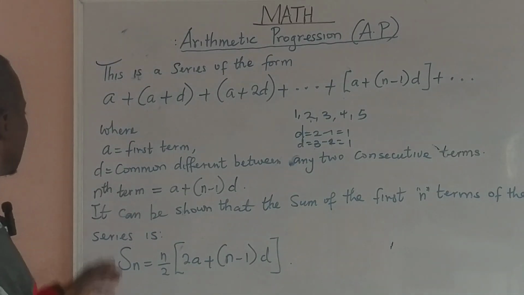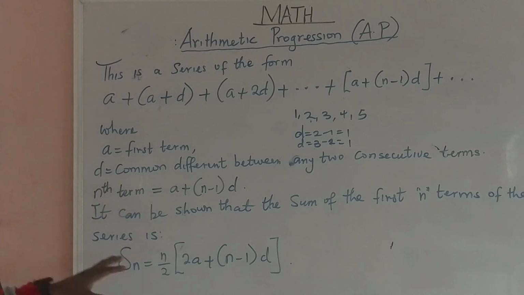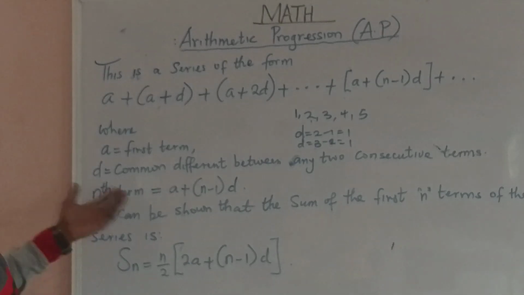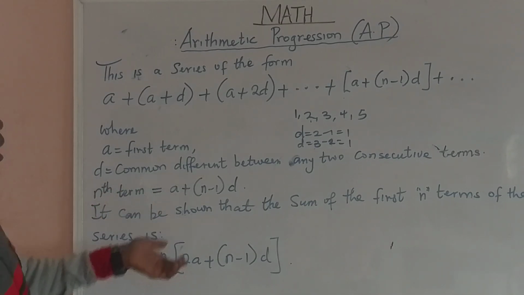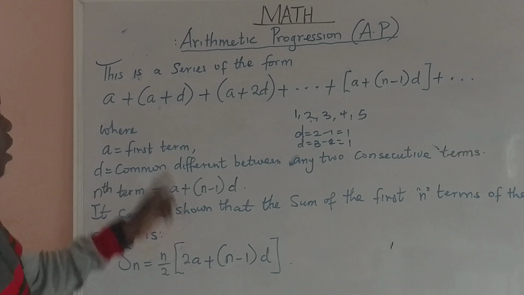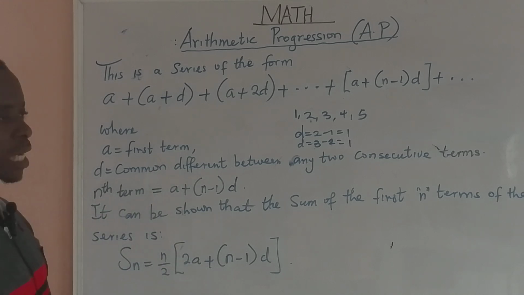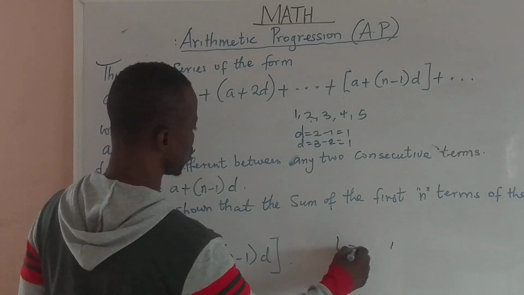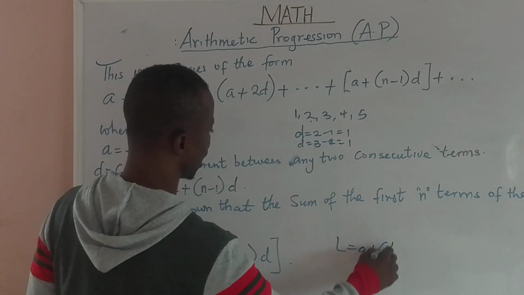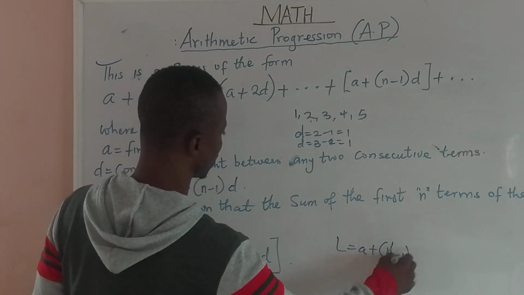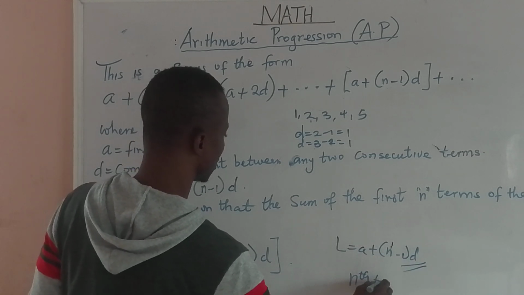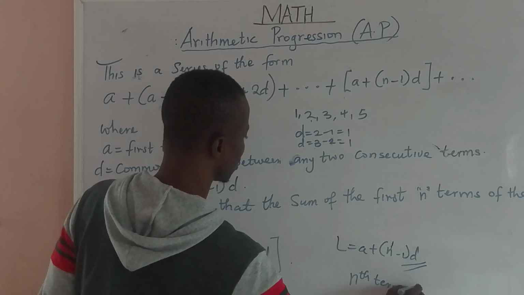And then the n-th term, which is the last of the series given to us. We can say the n-th term equals A plus open bracket n minus 1, close the bracket, D. Sometimes some textbooks will give you L equals A plus open bracket n minus 1, close the bracket D. Why some textbooks say n-th term and others say last term, we are saying the same thing.